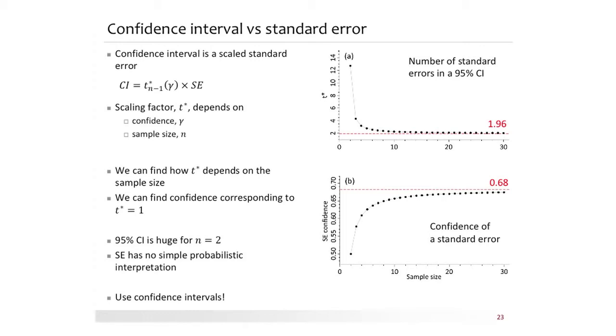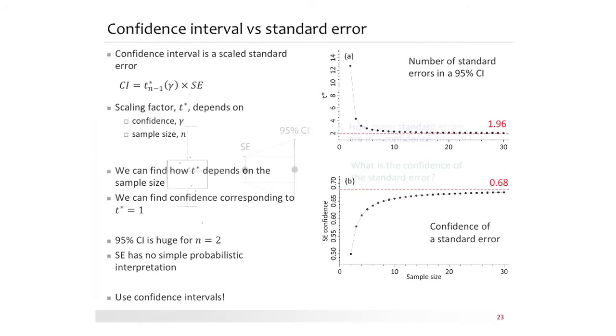First of all, when your sample is large, somewhere here, this is the sample size. It starts from 2 and goes up to 30. When your sample is large, you have about 2 standard errors in this confidence interval. At infinity, it goes to 1.96. But it's roughly about 2.